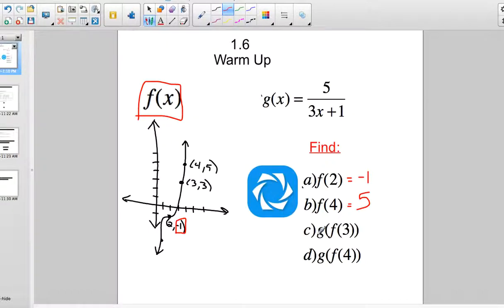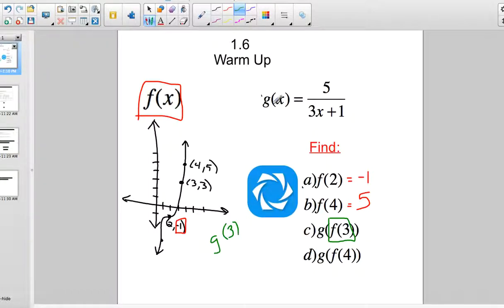Now in this one I want g of f of 3 is what it's saying. So what I do first is always do the innermost one first. So f of 3 is right here, right? If I plug in 3 for f of x, it spits out 3 as well. So what it's really looking for, since f of 3 is 3, it's really just looking for g of 3.